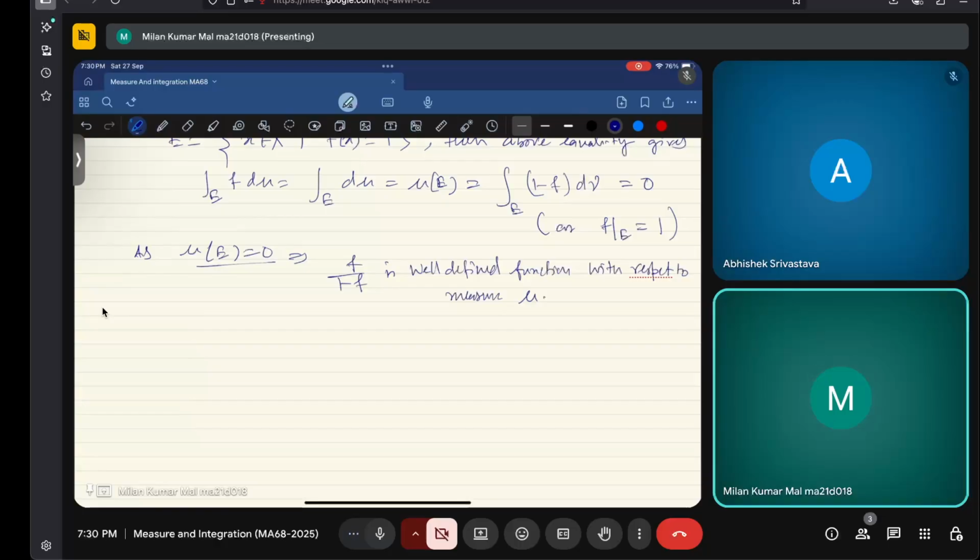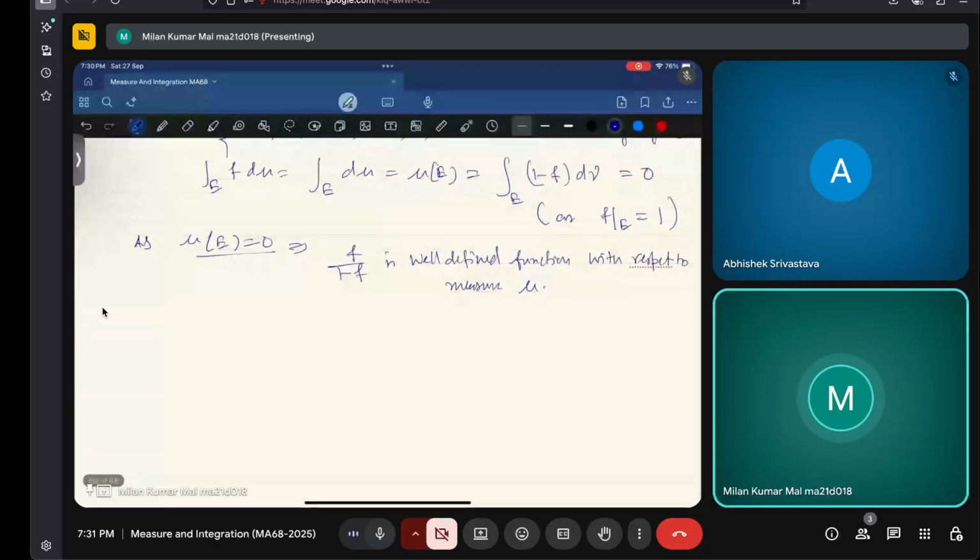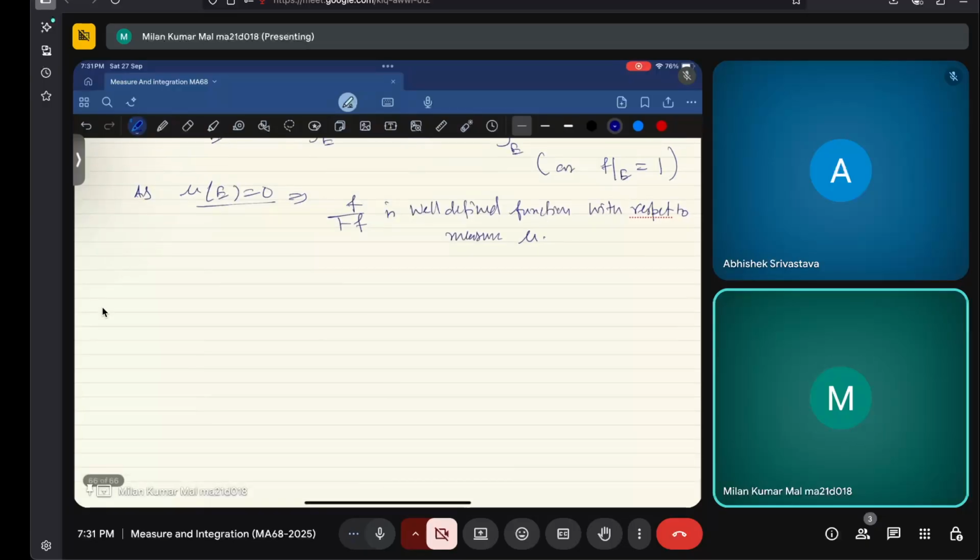So therefore, for the function f, this f by (1 minus f) is a well defined function with respect to the measure mu, as the measure of the set of x such that 1 minus f(x) equals 0 is equal to 0. Okay, this is what it is.